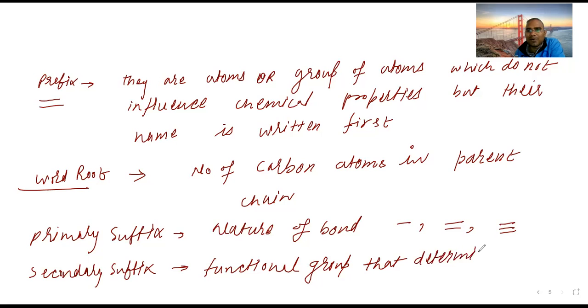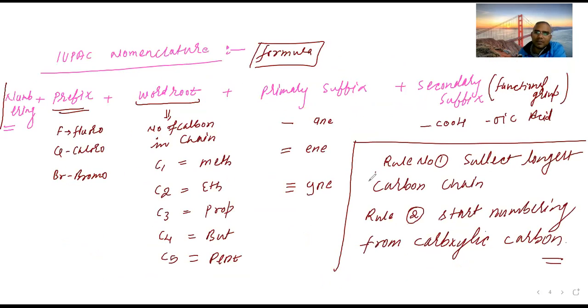You must be thinking I wrote so many things about chemical properties, but explain a little bit. Now we already wrote 2 rules here: select the longest carbon chain and start numbering from the carboxylic carbon.